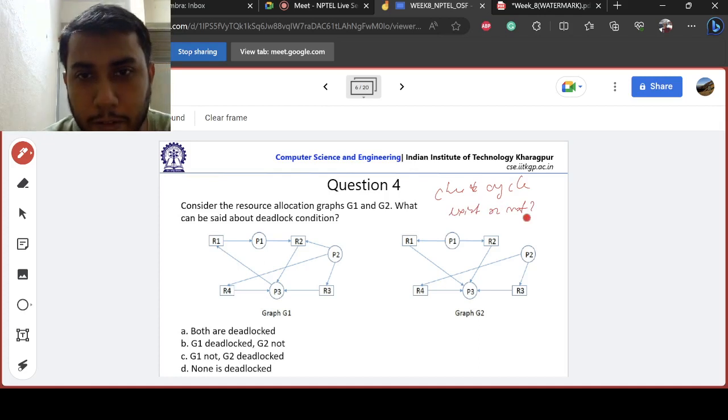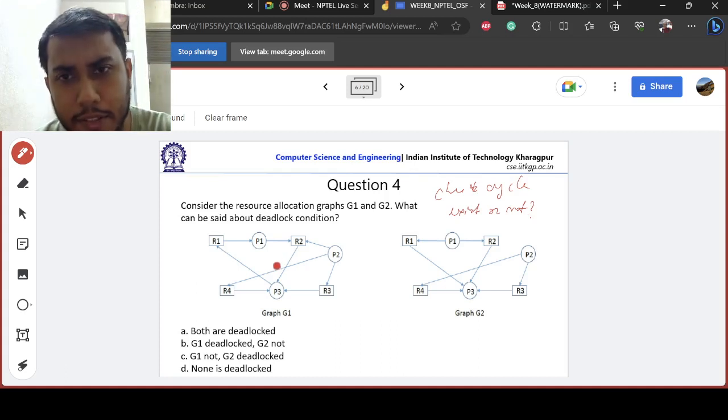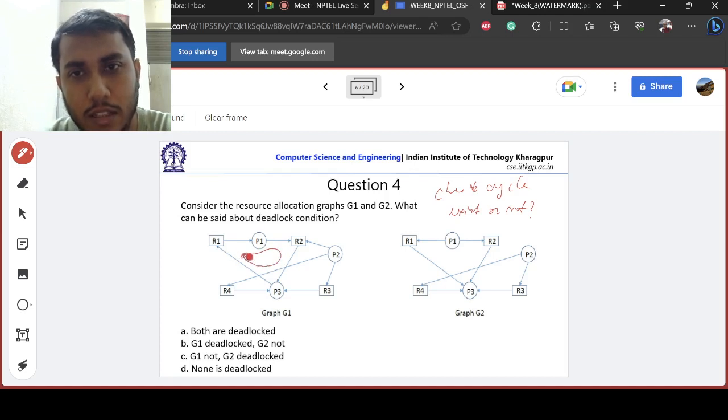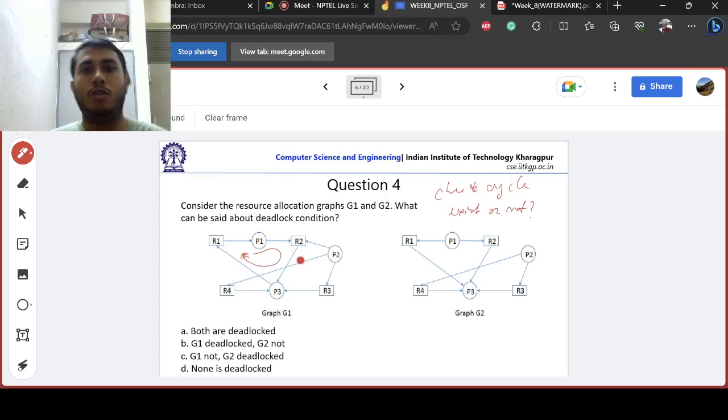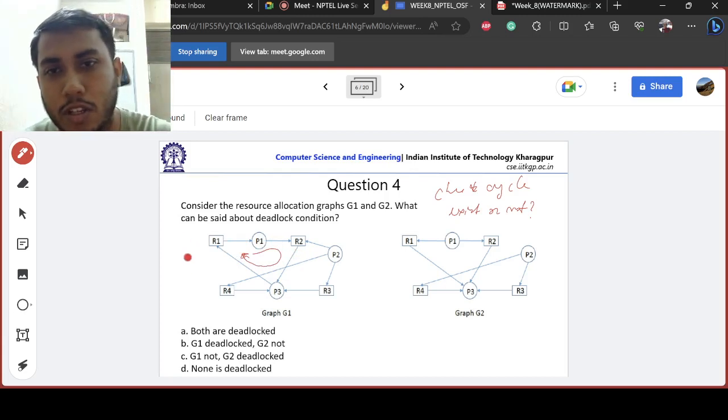So in the first graph, does a cycle exist? Yes, a cycle exists: R1, P1, R2, P3, R1. So a cycle exists, so G1 is deadlocked.